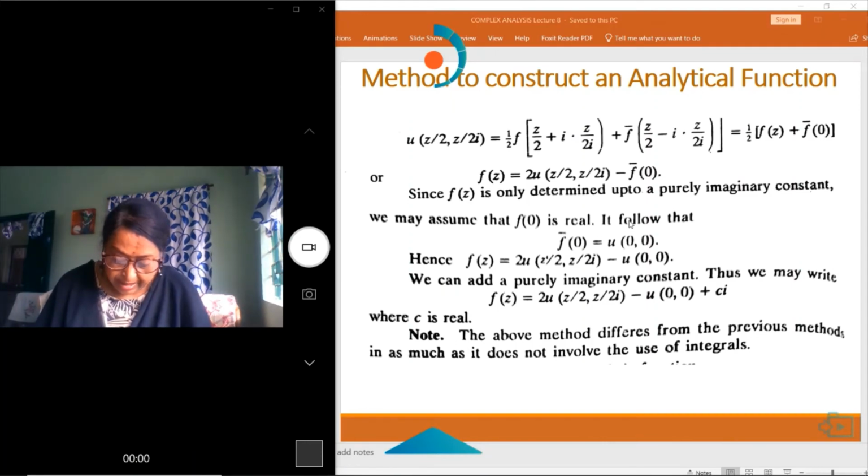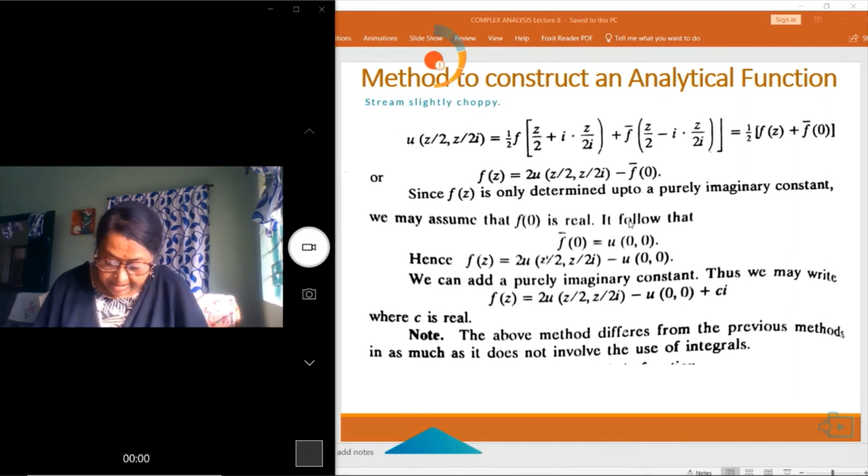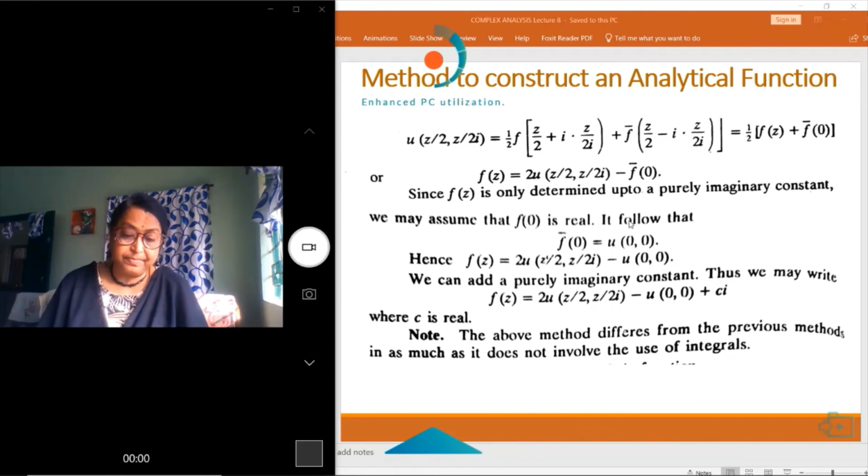Hence f(z) = 2u(z/2, z/2i) − u(0,0) + ci, where c is real.